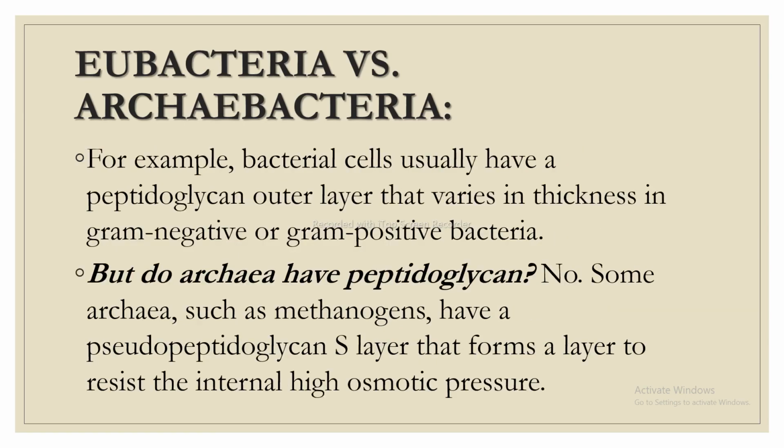For example, bacterial cells usually have a peptidoglycan outer layer that varies in thickness in gram-negative or gram-positive bacteria. Next question: do archaea have peptidoglycan? No. Some archaea, such as the methanogens, have a pseudopeptidoglycan S layer that forms a layer to resist the internal high osmotic pressure.